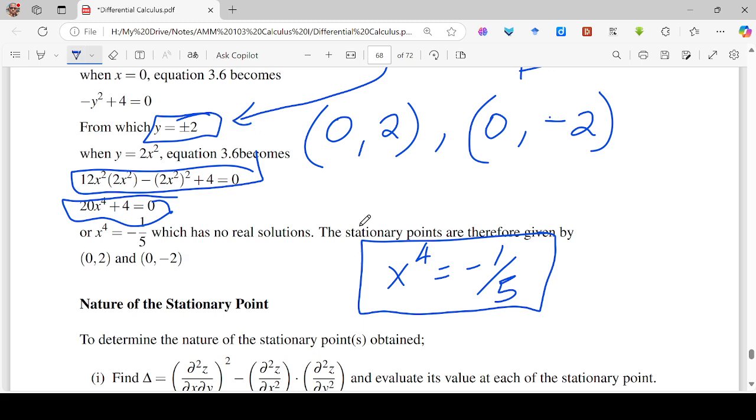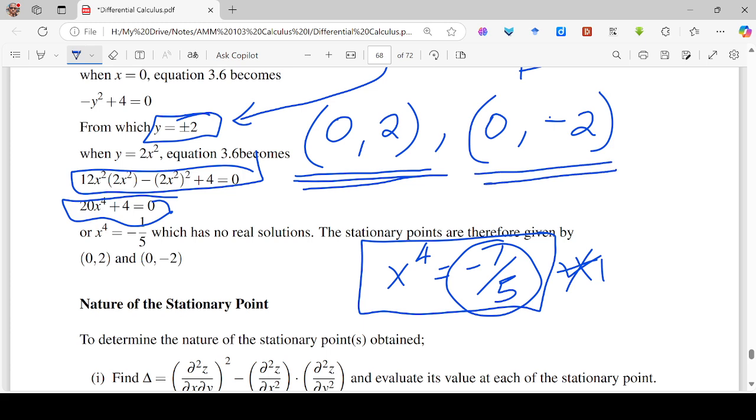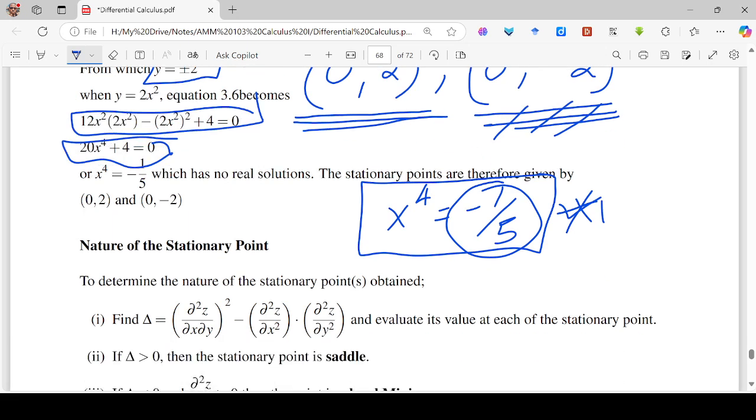We see that there is no real number that you can raise to power 4 and get a negative quantity. So this one has no real solution, meaning that this function has two stationary points. The stationary points occur when x is 0, y is 2, and when x is 0 and y is minus 2. Those are the two stationary points.